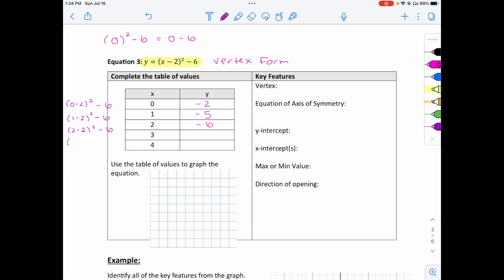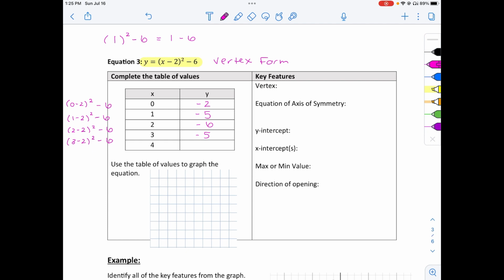When x is 3, we're doing 3 minus 2 squared minus 6. Okay, these ones are less likely now for you to make a mistake because 3 subtract 2 is just +1, and if you type 1 squared in your calculator, it's going to tell you it's +1. Minus 6 is going to give us -5. Okay, so we can see that symmetry happening again. You can maybe take a guess at what the y value is going to be when x is equal to 4.